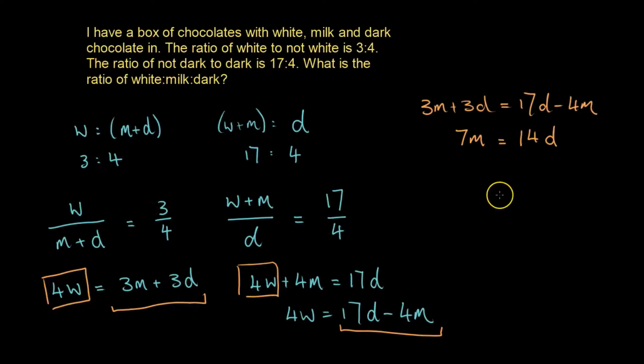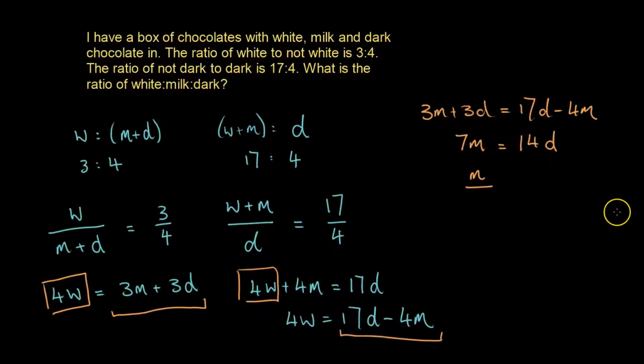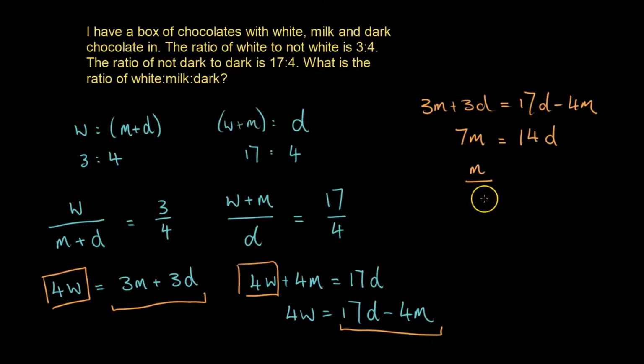So how do I change this back into a ratio that I can work with? So dividing both sides by d, because remembering that I would like m and d expressed as a single fraction, if we go back to the question before, you can see that s and l is expressed as a fraction with just those letters in it. So I want m and d in a fraction, just those letters, and then divide both sides by 7, I get 2 divided by 1.